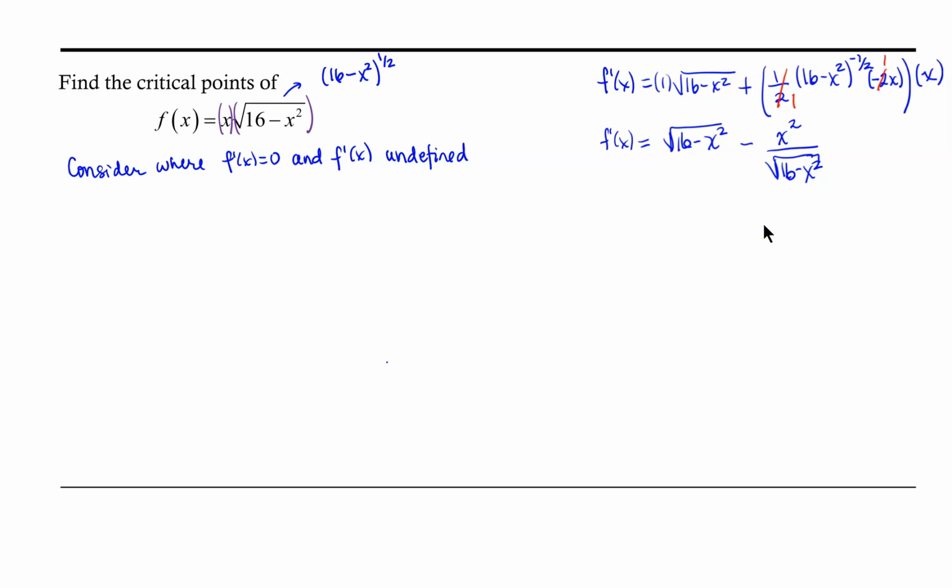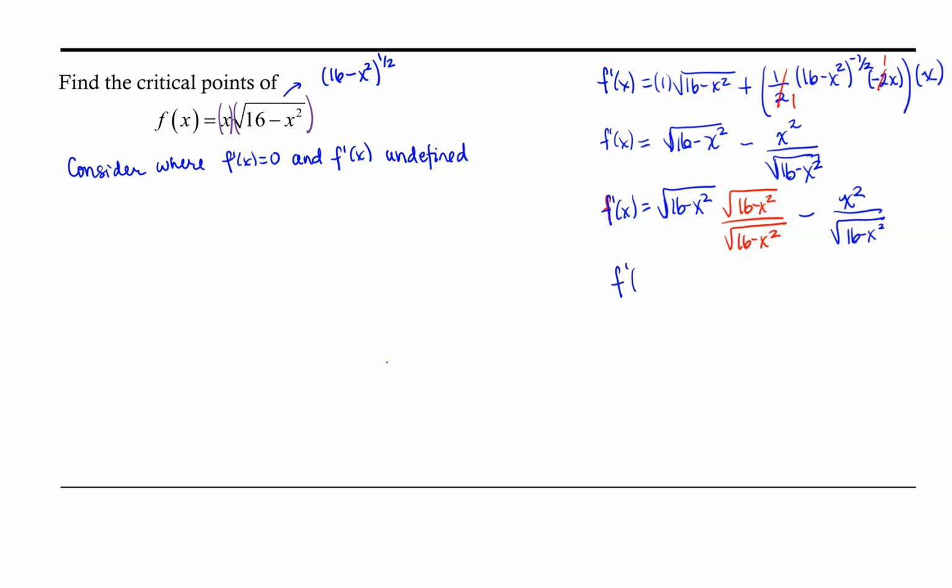To do that, I'm going to have to multiply our first term here by square root of 16 minus x squared over square root of 16 minus x squared. So that's going to look like this. So f prime of x equals 16 minus x squared times the square root of 16 minus x squared over square root 16 minus x squared minus x squared over the square root of 16 minus x squared.